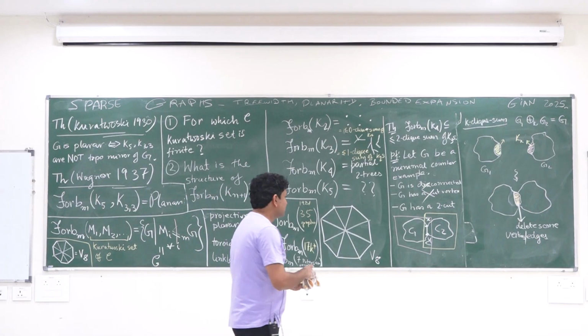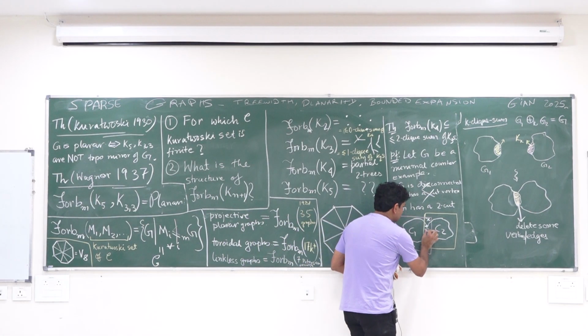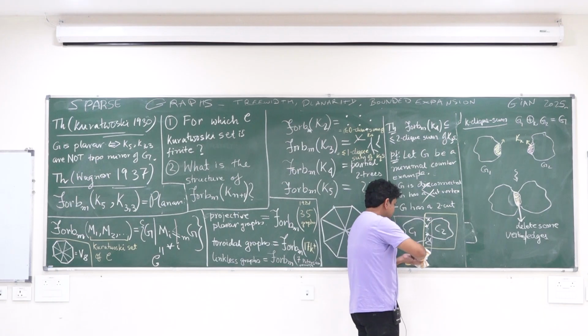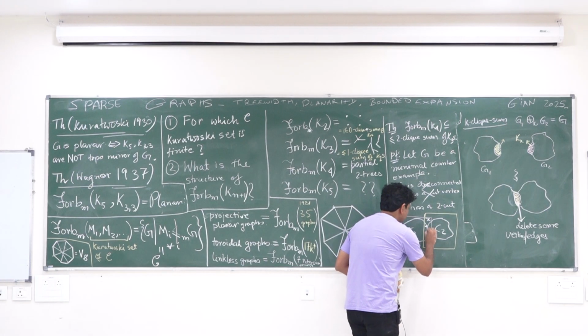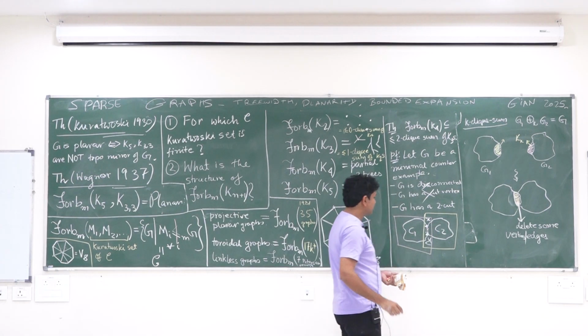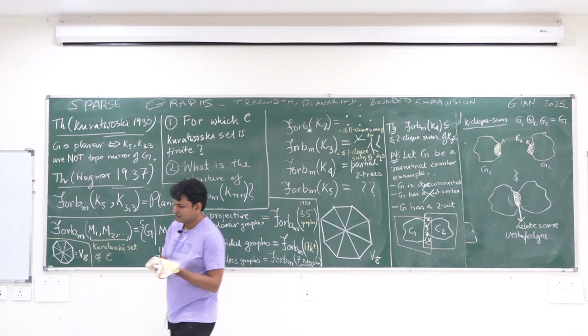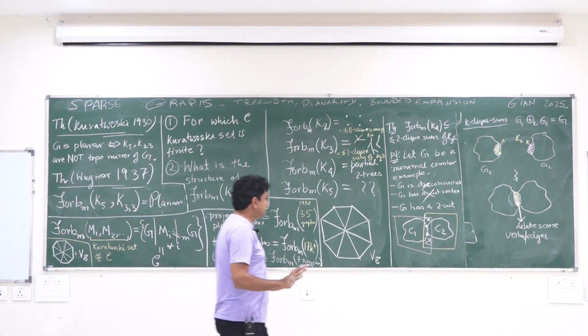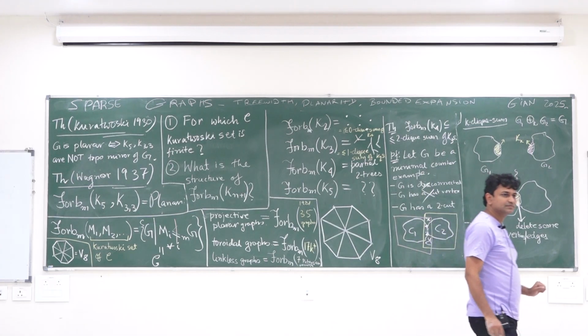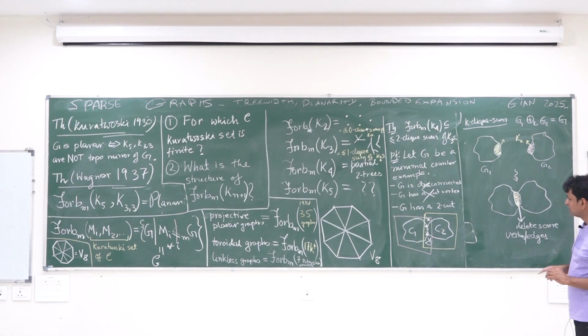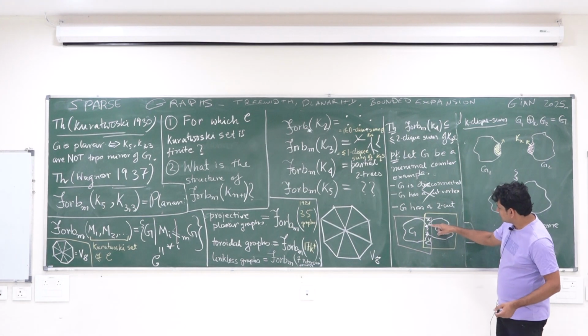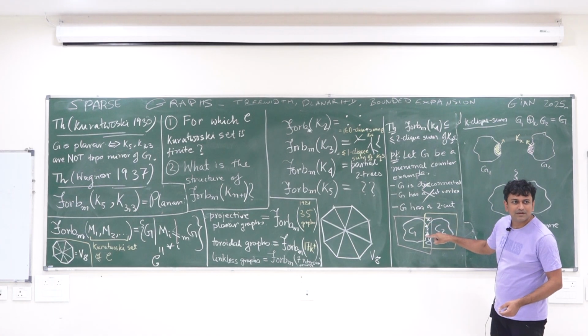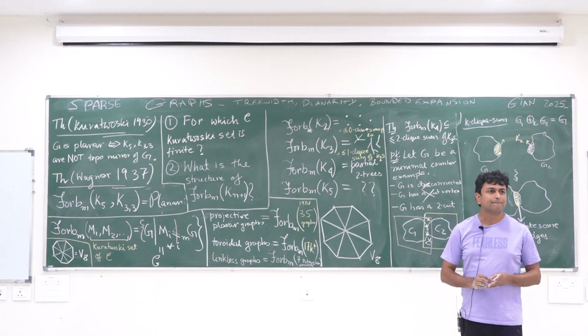But the problem will be if x and y are not adjacent. But then you know it is 2-connected. So the connection is also inside this C, because we assume that C1 and C2 are not just one connected.